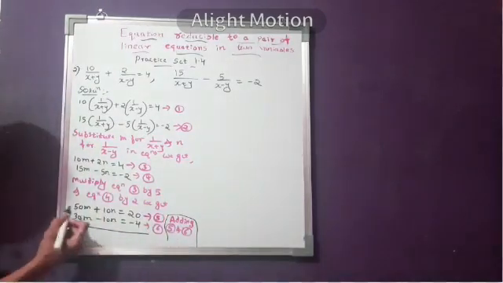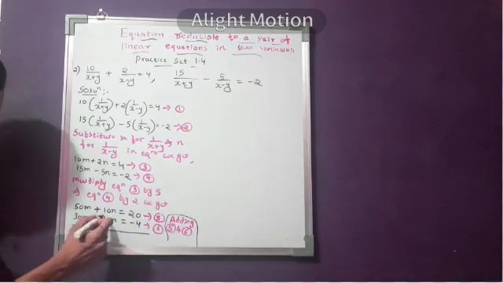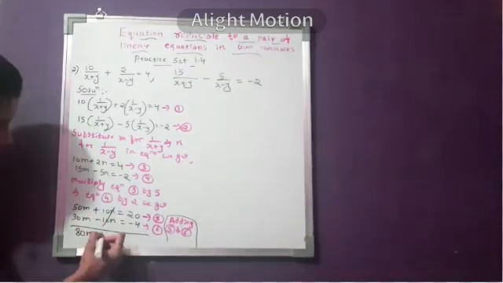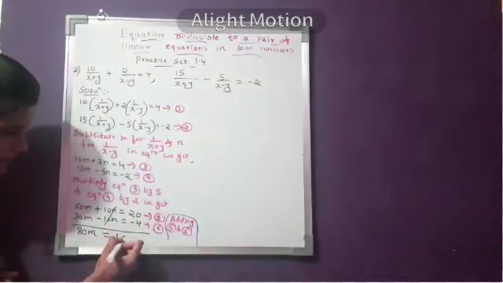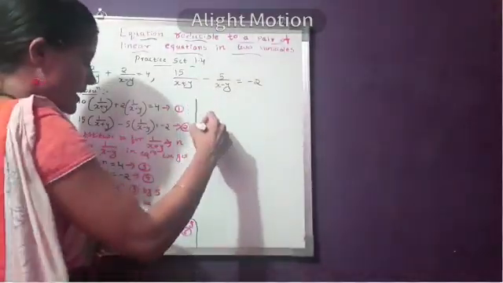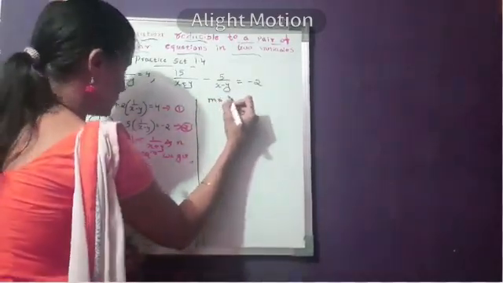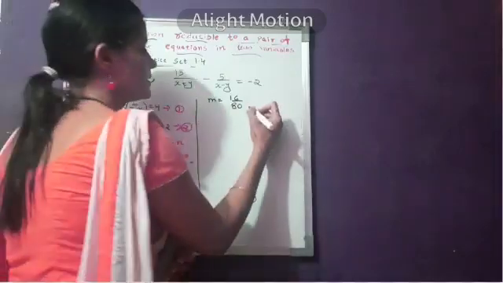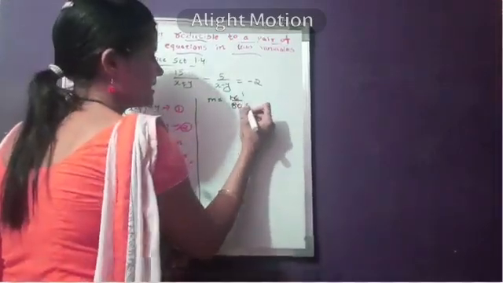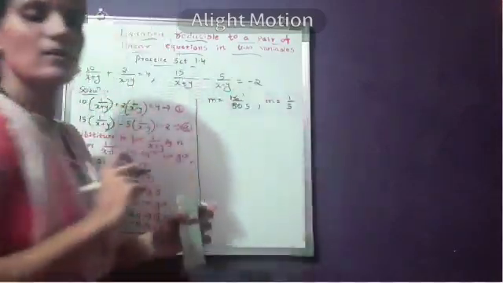After adding 5 and 6, 50 plus 30, it will become 80m, and these both will get cancelled, and 20 minus 4, so it will become 16. So you will get your m value, that is m is equal to 16 by 80, which is nothing but, if you cancel, 16 1s are, 16 5s are, m is equal to 1 upon 5.